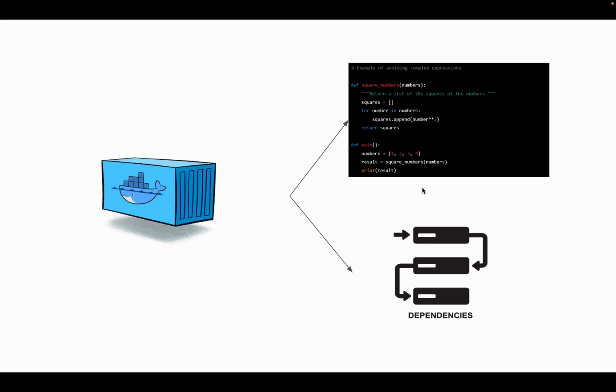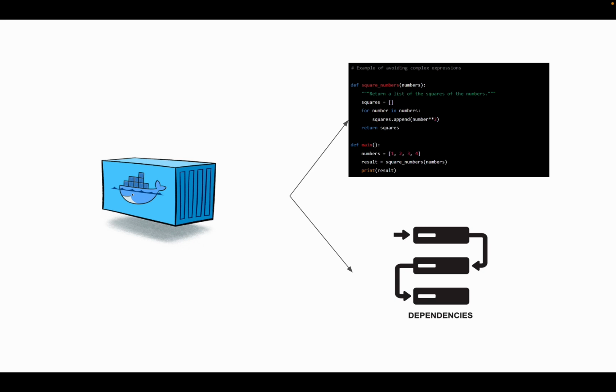Python is a popular programming language used for all sorts of applications, from data analysis to web development. If you were to create a container for your Python app using Docker, that container would include not just your Python code, but also the specific version of Python required to run it, along with any libraries or dependencies your app needs. Why does this matter?